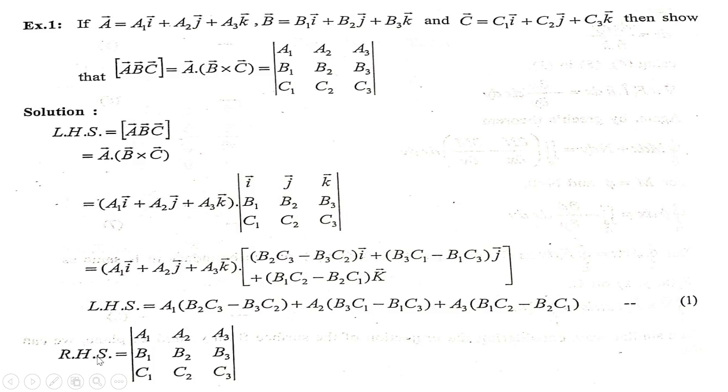Now the RHS, writing in the determinant form, that is a1, a2, a3, b1, b2, b3 and c1, c2, c3.